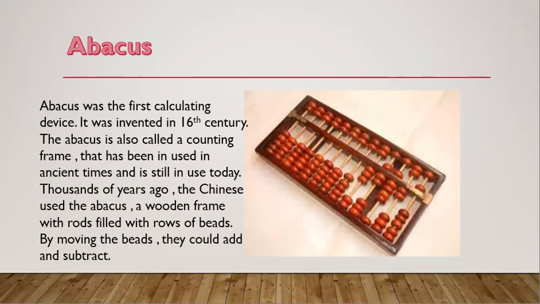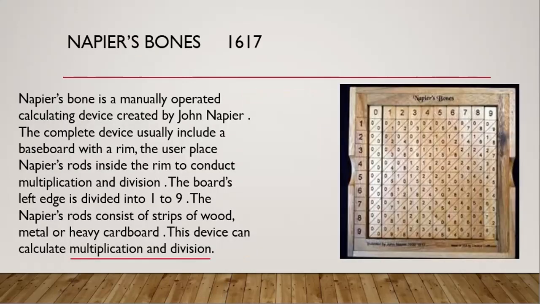After the abacus, Napier's bones were invented. Napier's bones are a manually operated calculating device created by John Napier. The complete device usually includes a base board with a rim or frame. The user places Napier rods inside the rim to conduct multiplications and divisions. The board's left edge is divided into 1 to 9 numbers.